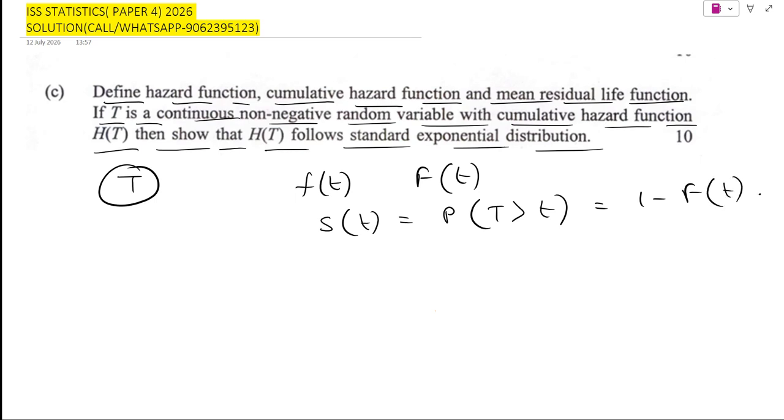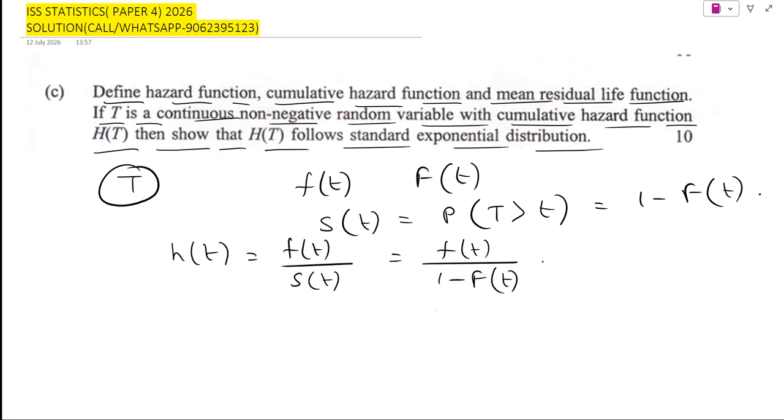And the hazard function is defined as h(t) = f(t)/S(t). The hazard function measures the instantaneous risk of failure given that the component has survived up to time t.